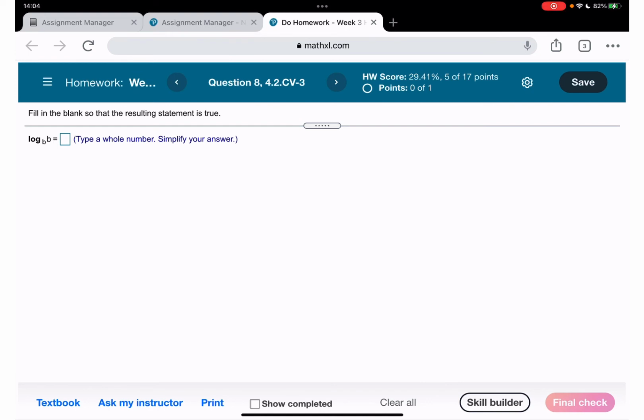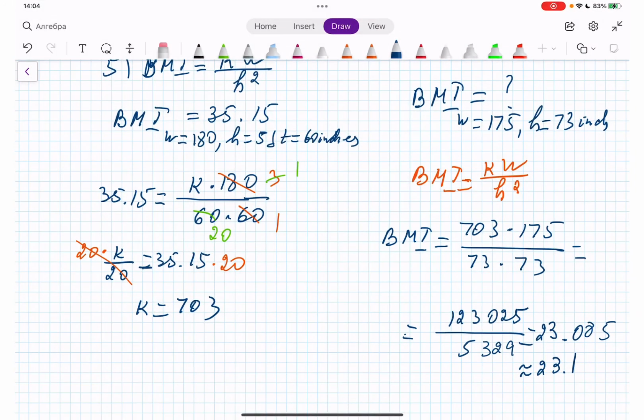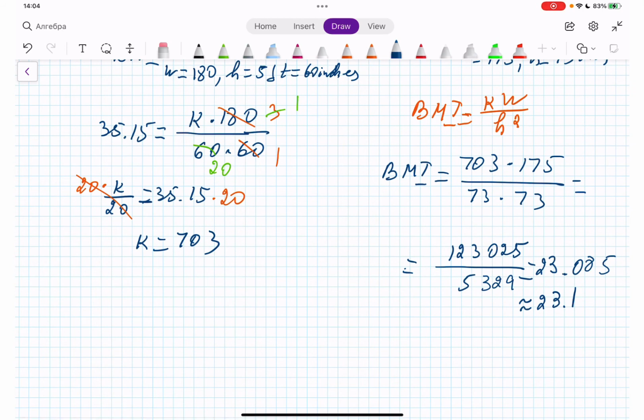Not the opposite, but another way, because the opposite would be square root. Another, not square root, radical rather. So logarithm is another way of writing exponents. So let me explain what we are doing here. This is question number 8.